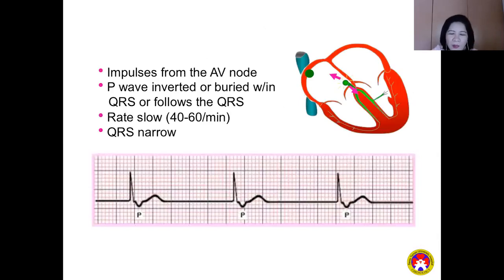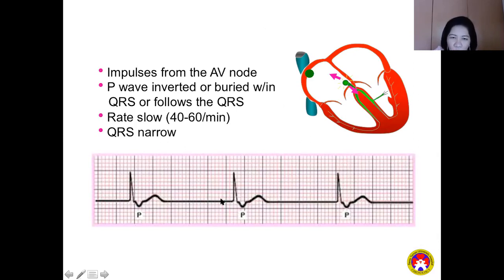Here in this ECG, we see regularly occurring QRST complexes. If you see regularly occurring complexes, we know that it is coming from a pacemaker cell. If you look closely, the QRS is narrow, so we know that this came from above the ventricle.